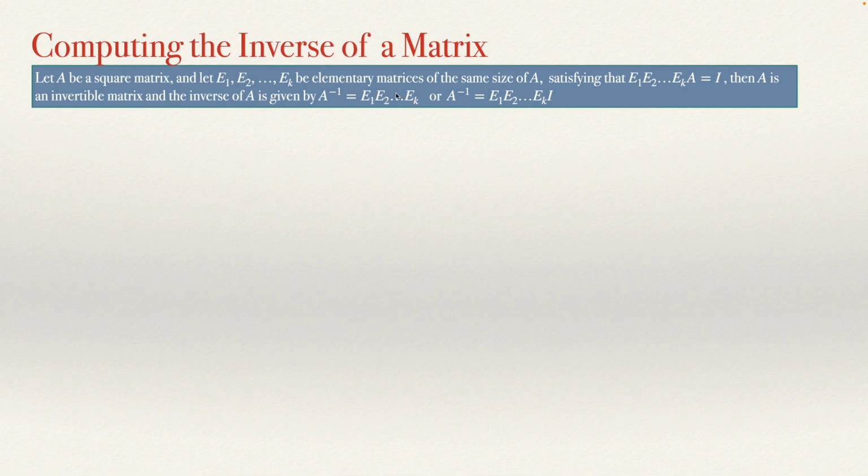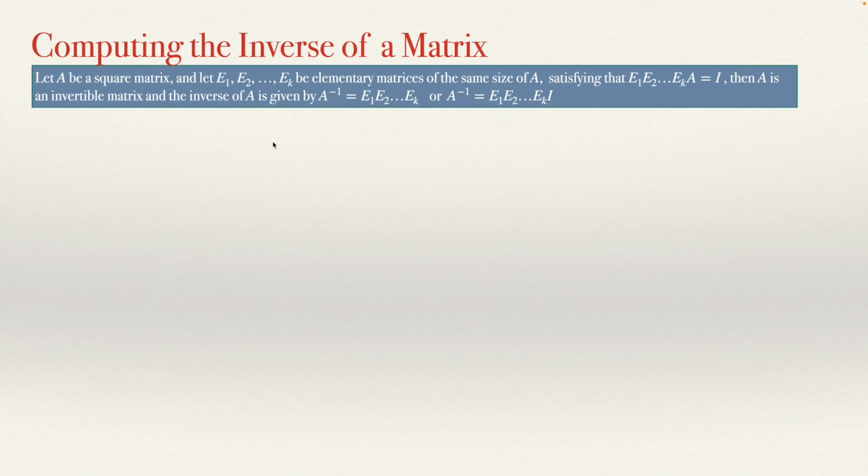And a matrix like this is the same as the same matrix multiplied by the identity, because when we multiply a matrix by the identity, I obtain the same matrix. So these two statements are equivalent. But what I'm telling you with the second one is that the inverse of the matrix A is equal to the product of the same elementary matrices that I used to obtain the identity from A. But why is it important to write it in this way?